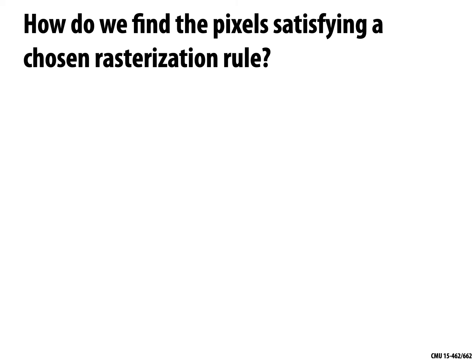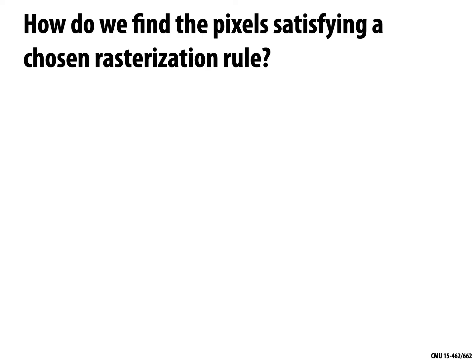And let's say we care about something like this diamond rule. If we do that, how algorithmically could we find the pixels that satisfy a given rasterization rule? Let's say we've already decided what we think is the right way. How do we actually turn on the right pixels?